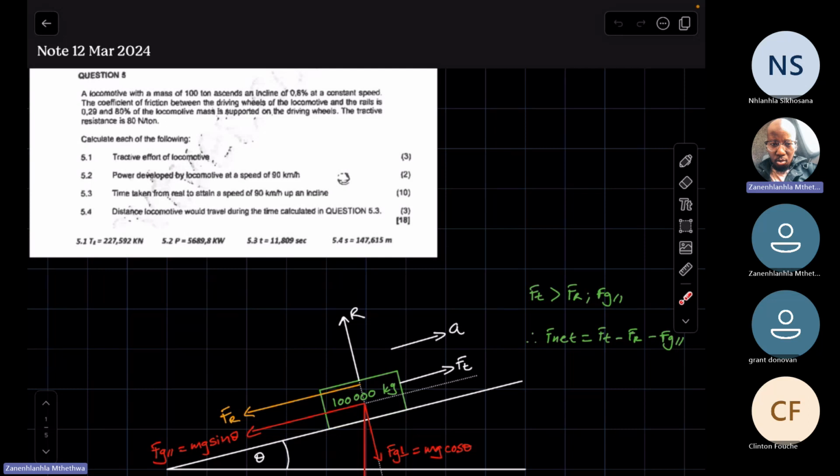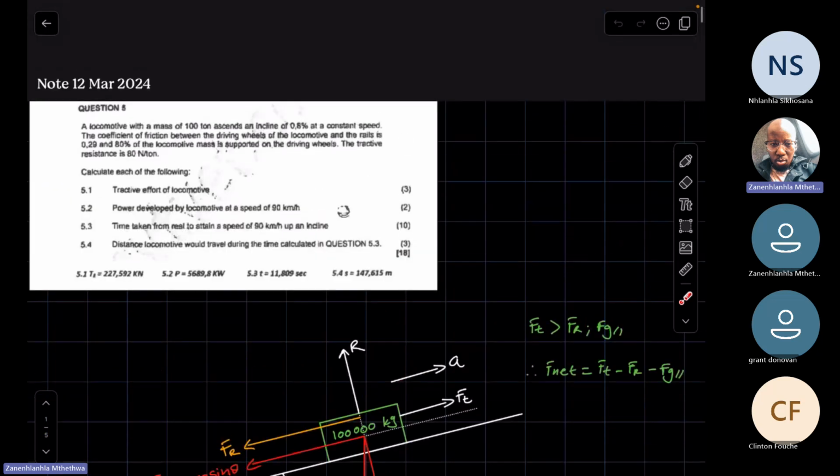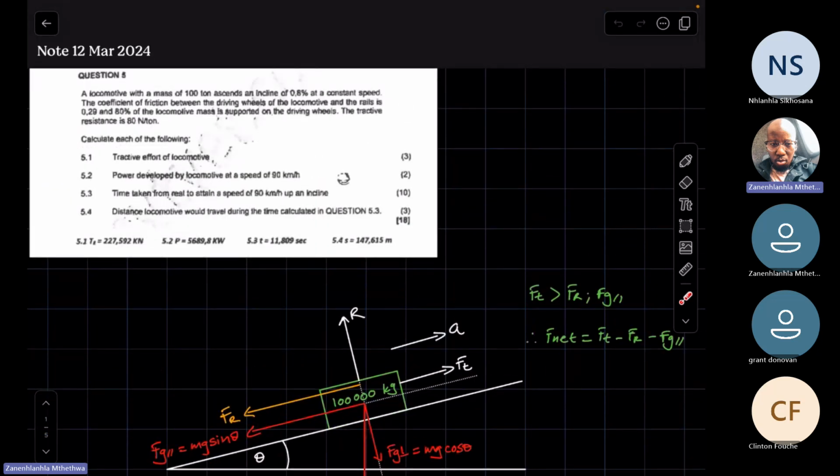I didn't compile notes, because like I say, the formulas you're going to use here, you've pretty much dealt with before, with the exception of just one, and that is the one to calculate the total force applied, which here they refer to as the tractive effort.